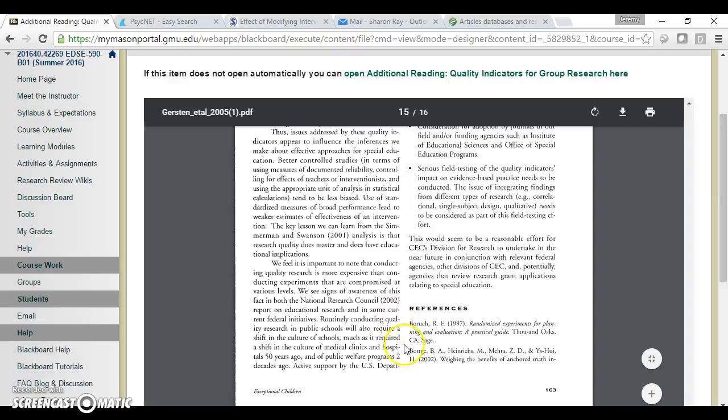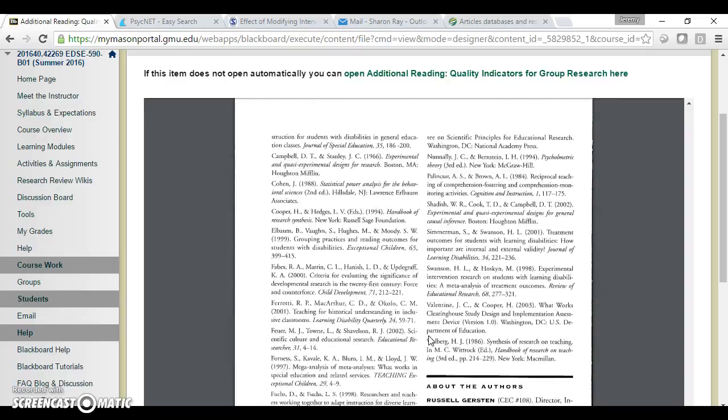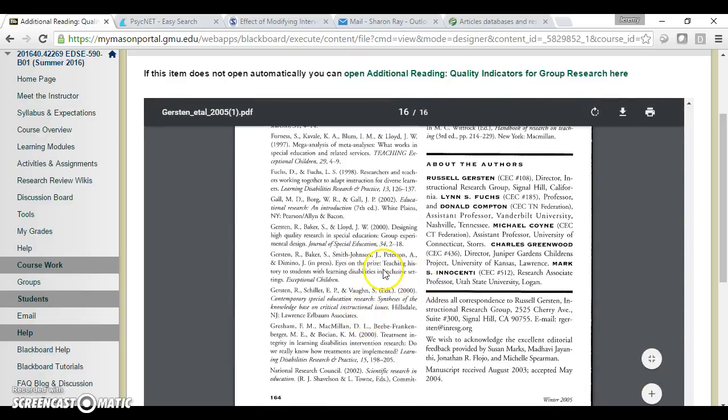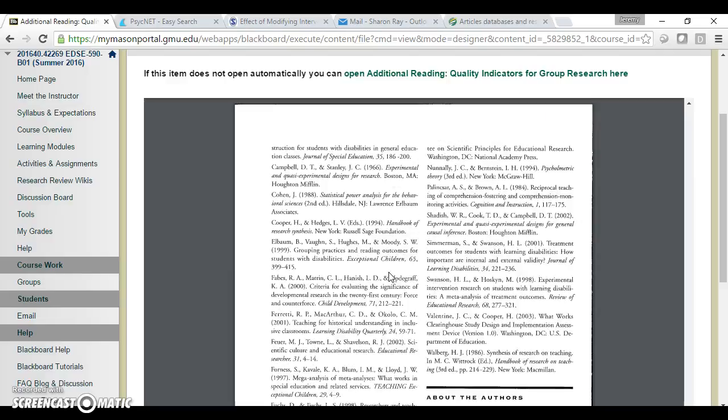So I'm looking at these listings of articles that were published before my article, that my article references. And these are the ancestors, the articles that I would find through an ancestry search. Okay, so they're the articles that come before my article that my article cited.